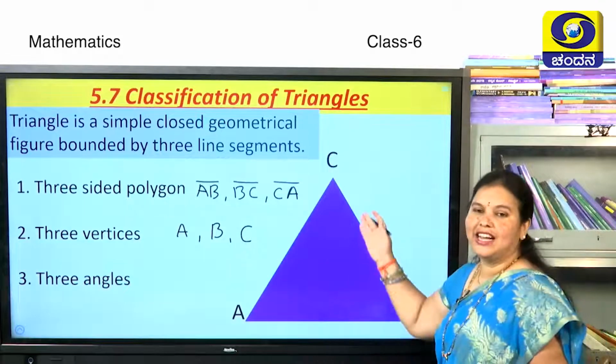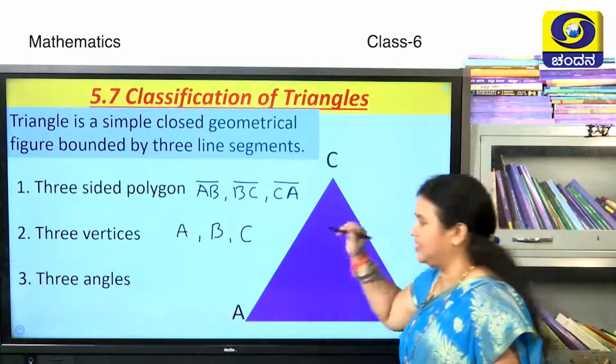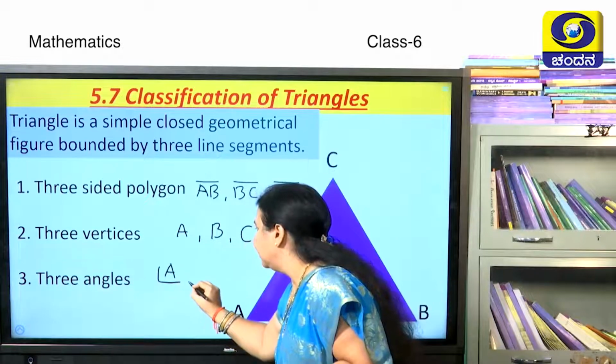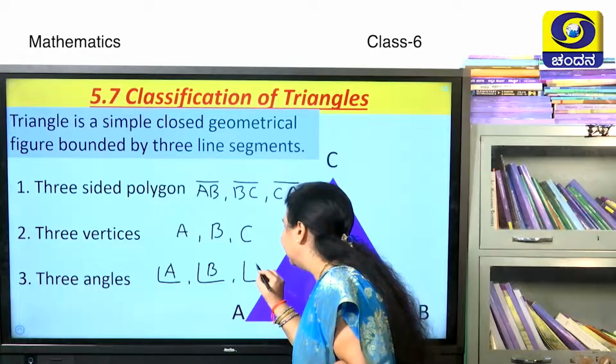And also it has three angles, angle A, angle B and angle C.